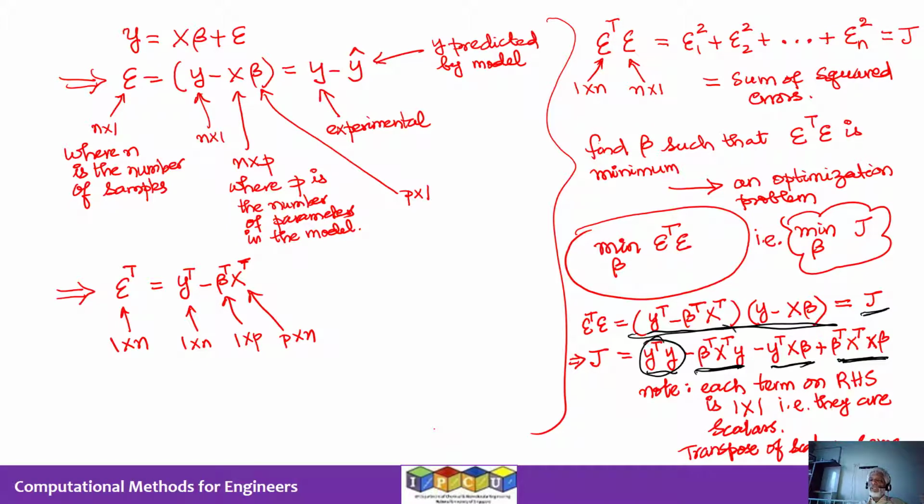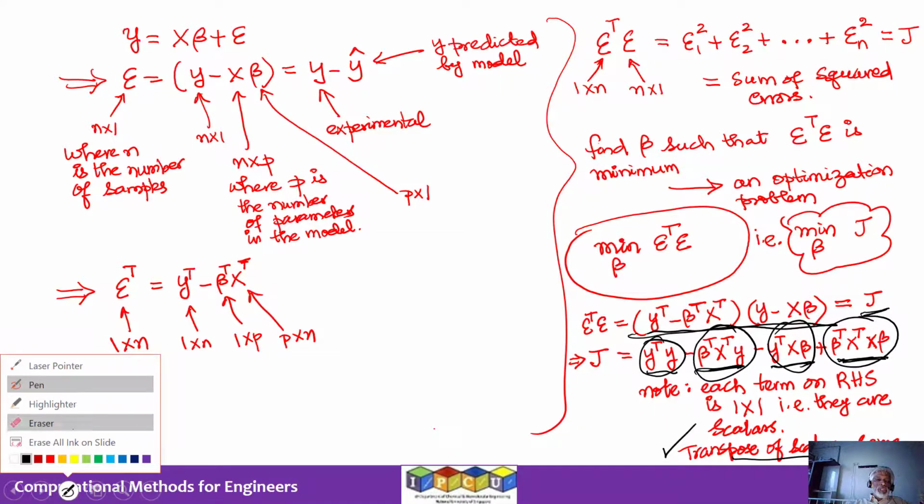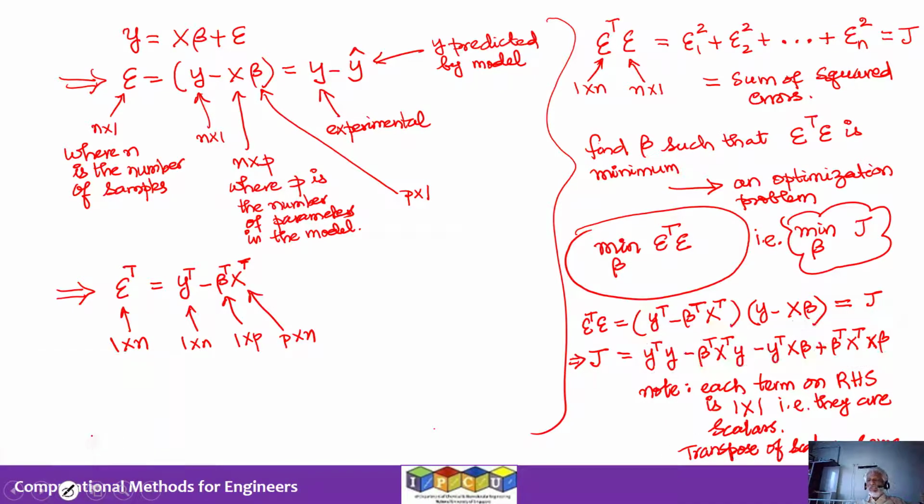And the interesting idea is that the transpose of a scalar is the same scalar. This is an idea that I already mentioned, and I mention it again here. So at this point, we know that J, which is the objective function that we want to minimize, can be written in this particular way as the addition and subtraction of four scalar entities.